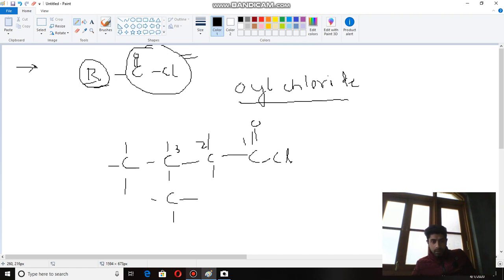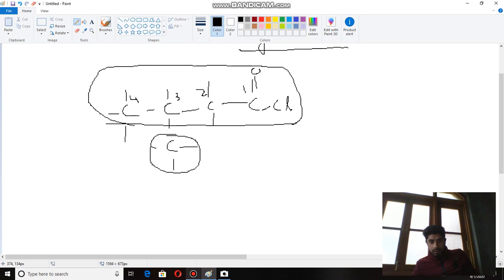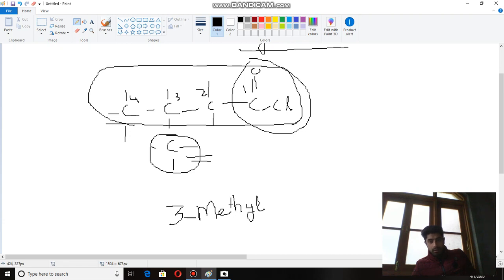So let's go here. So this becomes our branch. Now while naming this compound, this is a derivative of this group. So while naming this, it's at 3. What we have at 3? We have methyl. Methyl, and the word root is 1, 2, 3, 4.